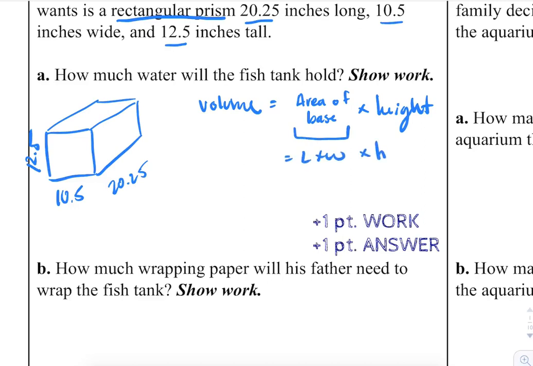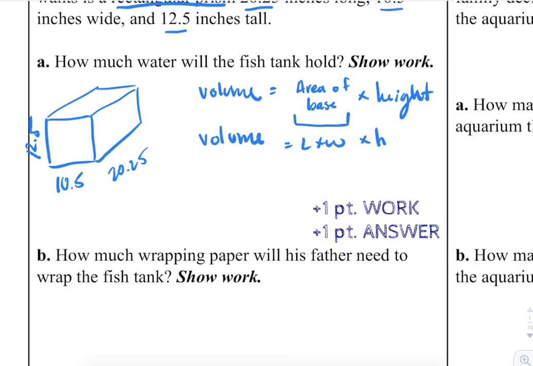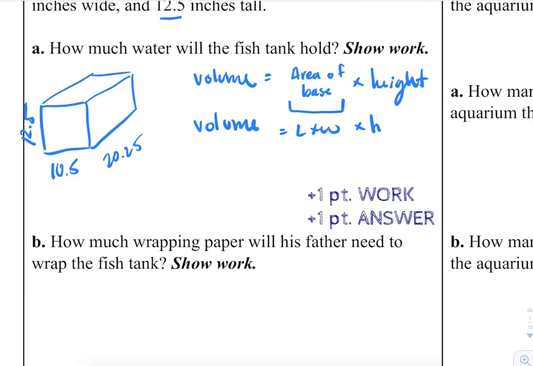So that works out as well because the base of this is a rectangle. Length times width times height, it doesn't matter the order in which you multiply. So 10.5 times 12.5 times 20.25.